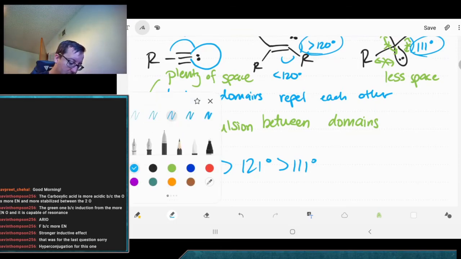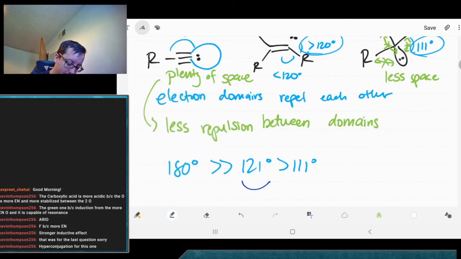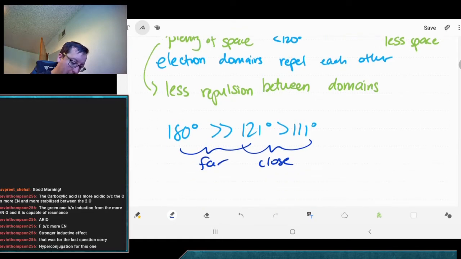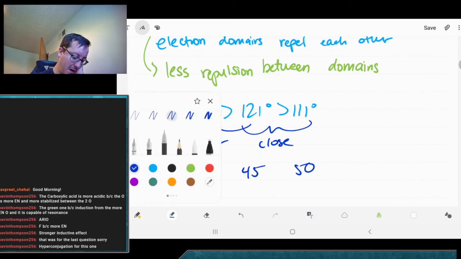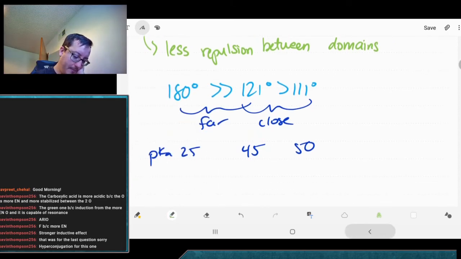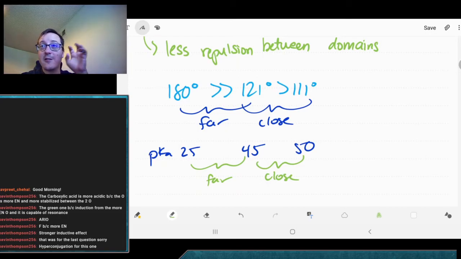So we see that these two are more similar. We also saw that the pKa corresponding with these geometries, with these angles, we see again the same pattern here. So that's kind of the relationship we're looking at.